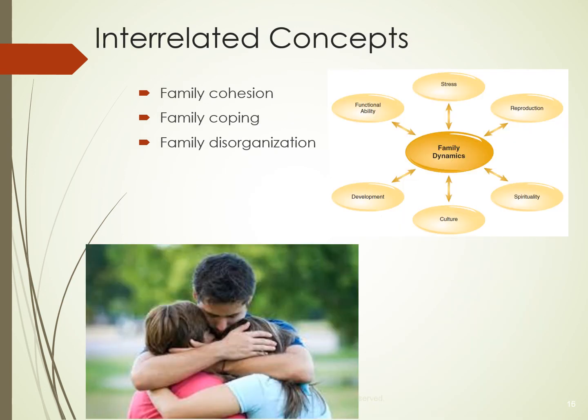We'll discuss here some interrelated concepts. And we'll have here the element of family cohesion. This can be defined as the emotional bonding that couple and family members have toward one another. There are 5 levels of cohesion, ranging from disengaged or disconnected to somewhat connected to connected to very connected, and the other extreme will be enmeshed or overly connected.